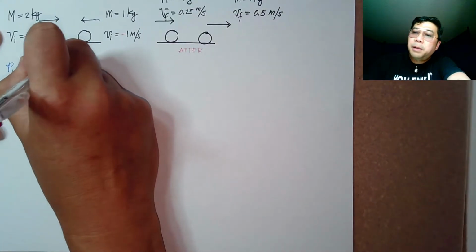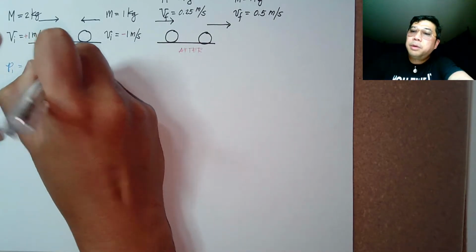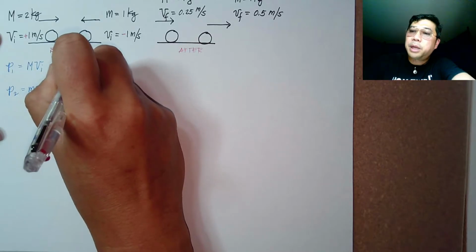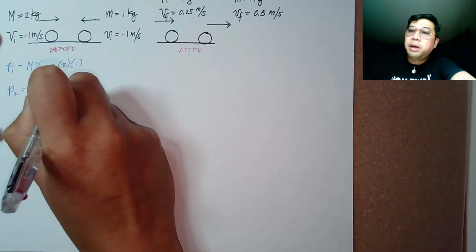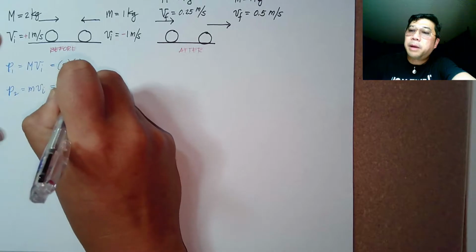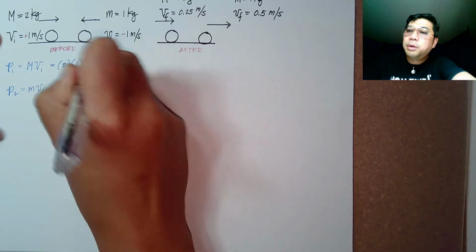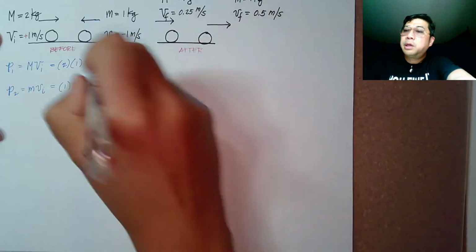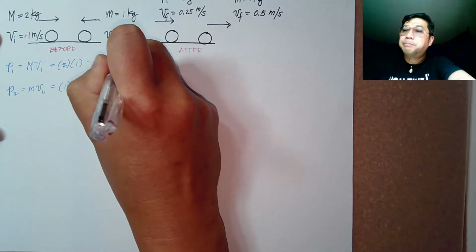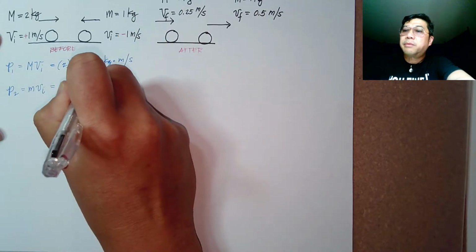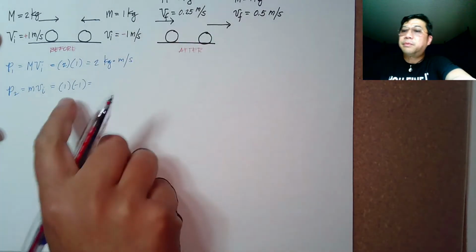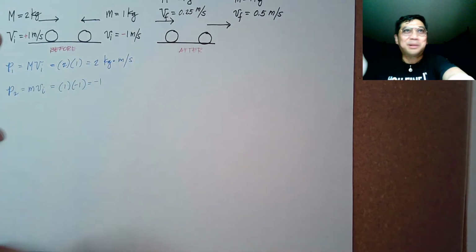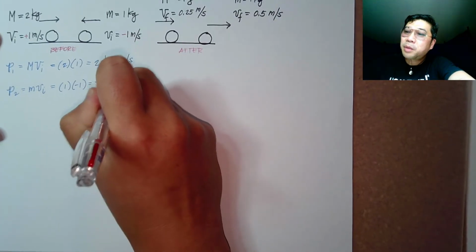Now let us plug in the values: 2 kilograms multiplied by positive 1, and 1 kilogram multiplied by negative 1. In this case, 2 times 1 is 2 kilogram meters per second, and the other value is positive times negative, so that's negative 1 kilogram meters per second.